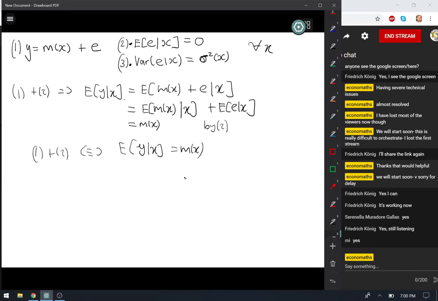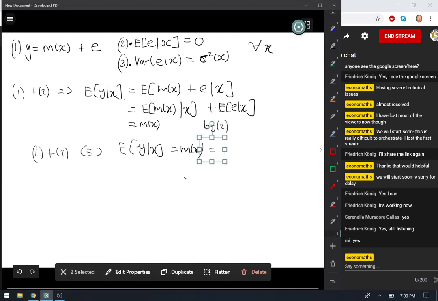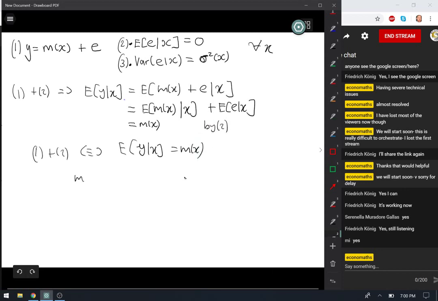The linear model, for example, assumes that m of x equals x transpose beta. Again, we've skipped some details here, but x you can think of as a p by 1 vector, which could include, say, all personal characteristics of some person or a country. So it's a p vector, there are p elements in it.